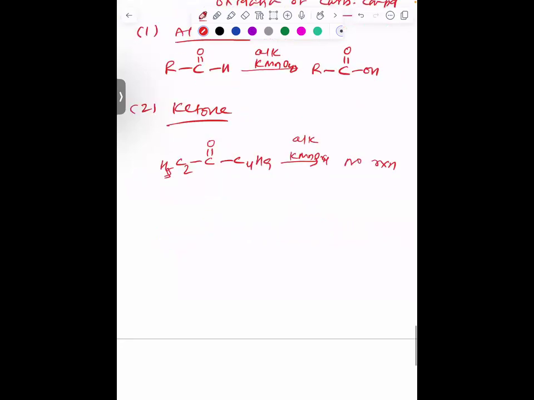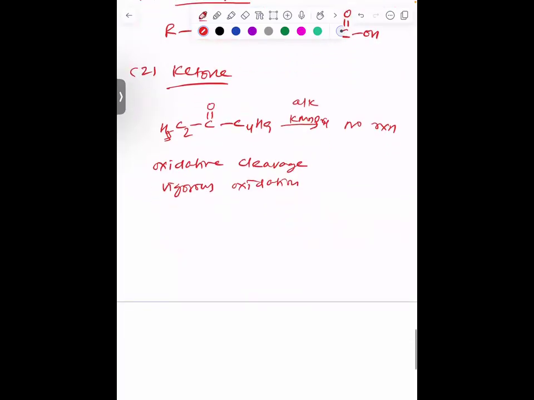But it may undergo oxidative cleavage. The question is how will oxidative cleavage happen? On both sides of the carbonyl carbon, under rigorous oxidation, it will undergo oxidative cleavage to give a mixture of carboxylic acids on both the sides.